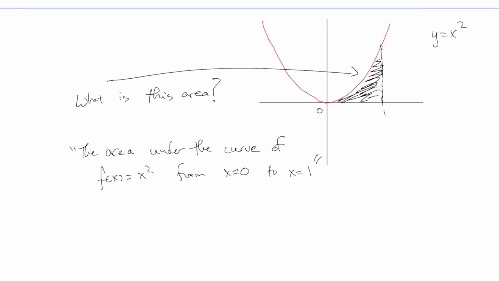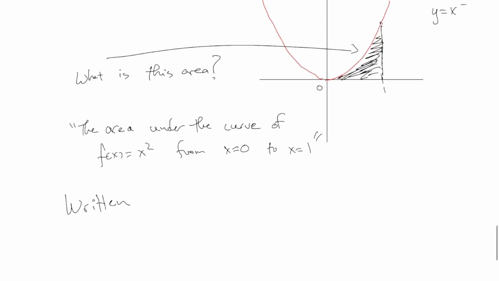That's what I mean by under the curve. Of course, you can't go under the curve down forever. That would be an infinitely long strip of area. So we wouldn't talk about that because that would be infinite. But this is what I'm talking about here. All right, and in this case, again, for reasons which we won't really get to today, this is written as the integral sign with little numbers, 0 and 1 here, x squared dx.